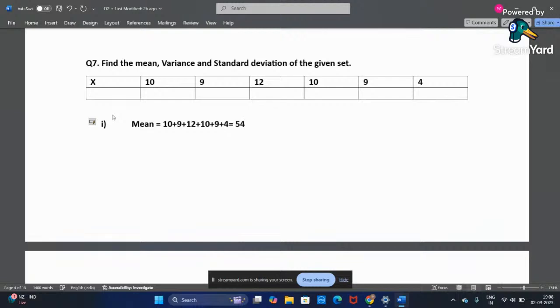It is 54, right? Then we need to divide this 54 by the total number of observations. How many observations are there here? 1, 2, 3, 4, 5, 6. 6 observations. So 54 by 6 is 9. 9 is your mean value.